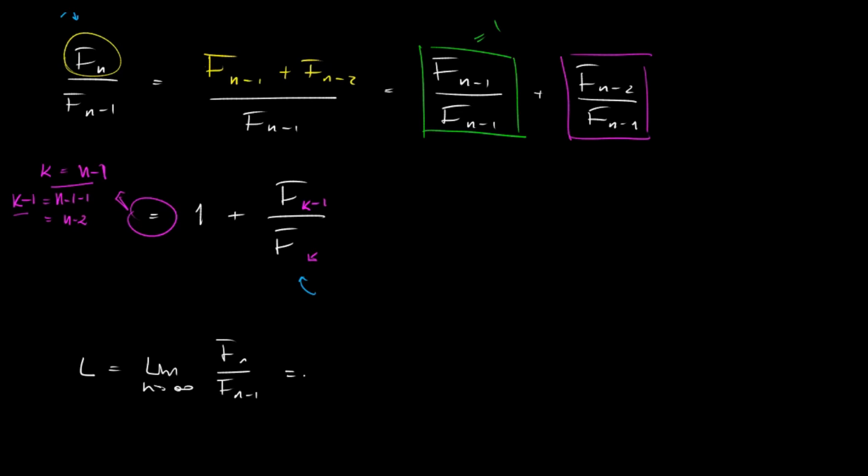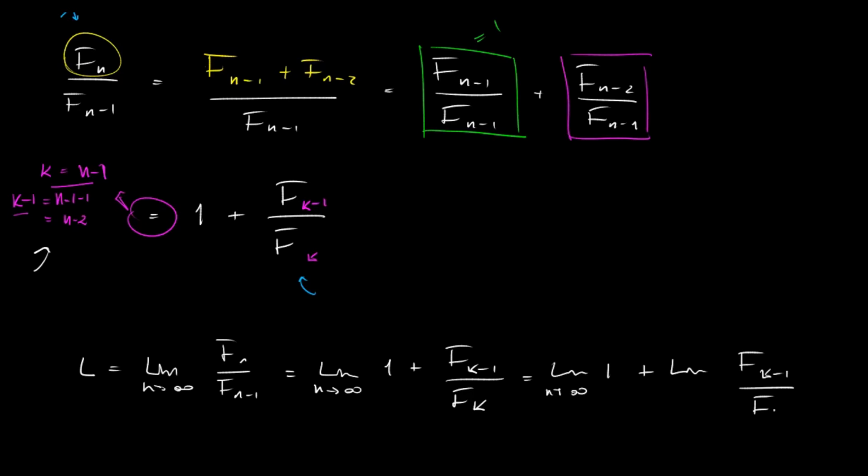But then again we said that this expression was equal to the limit when n tends to infinity of 1 plus fk minus 1 divided by fk. But now if we remember that k depends on n because of this substitution we did, then we can write this using that the limit of the sum is the sum of the limits, so we get the limit of 1 plus the limit of fk minus 1 divided by fk.